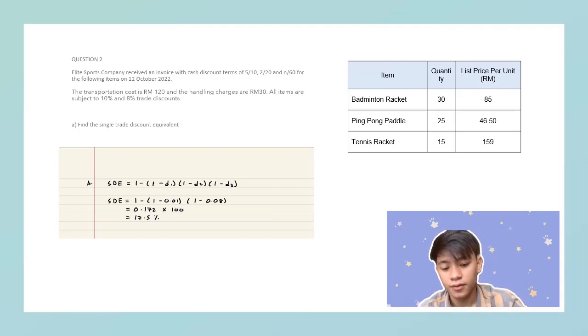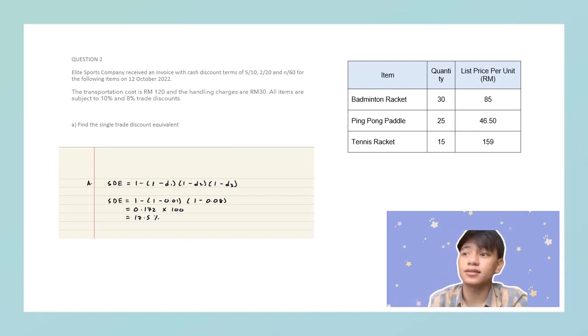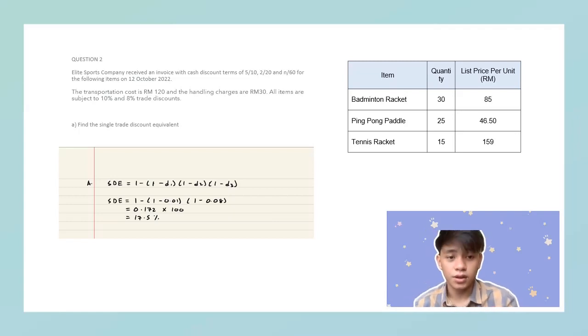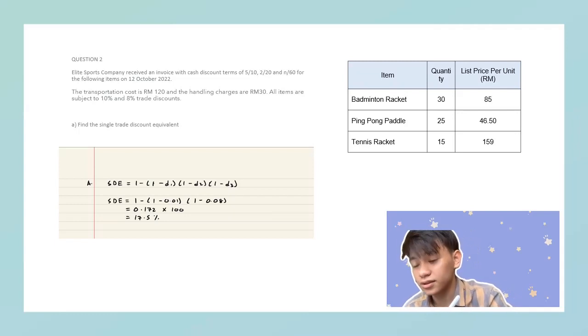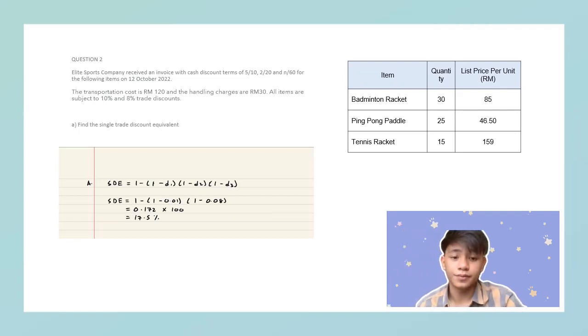A. The question is, find the single trade discount equivalent. Here he mentioned the trade discount. From the question, we can see the first trade discount is 10% and 8%.